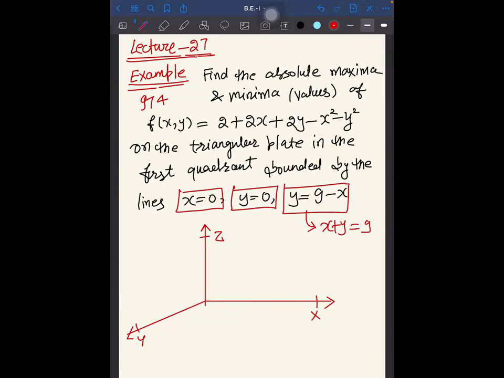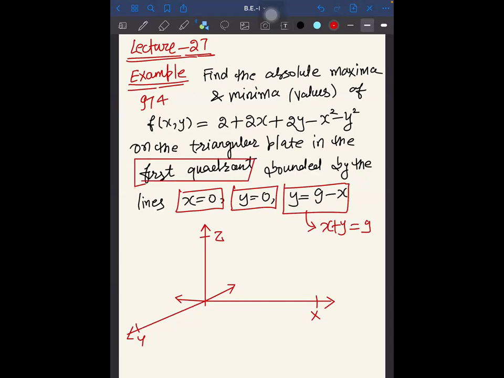What is x = 0? It's simply the y-axis. So this is our y-axis and this is our x-axis. But there is one more piece of information: only the first quadrant.